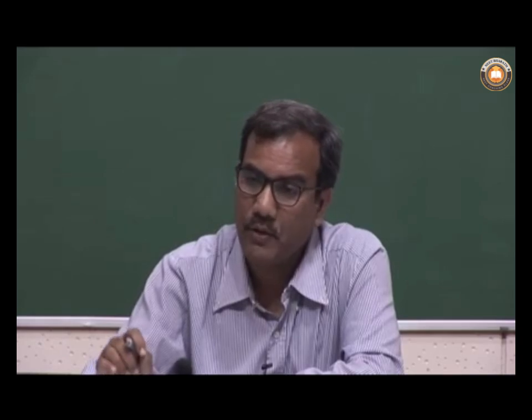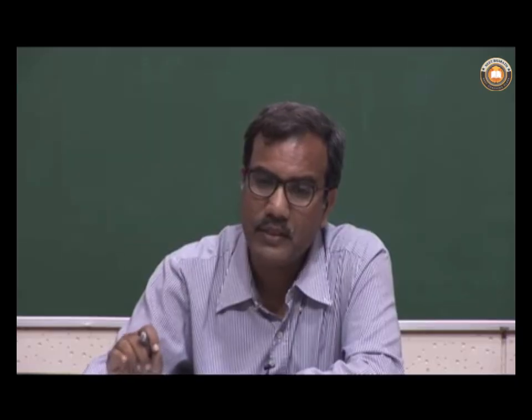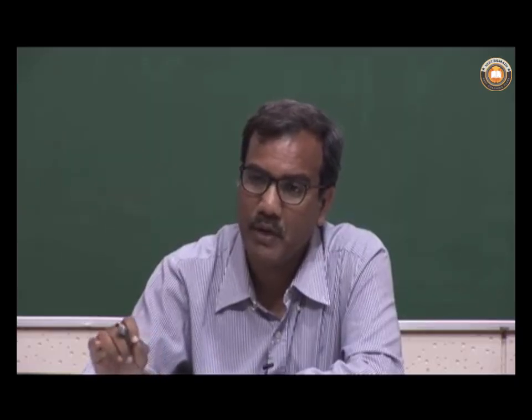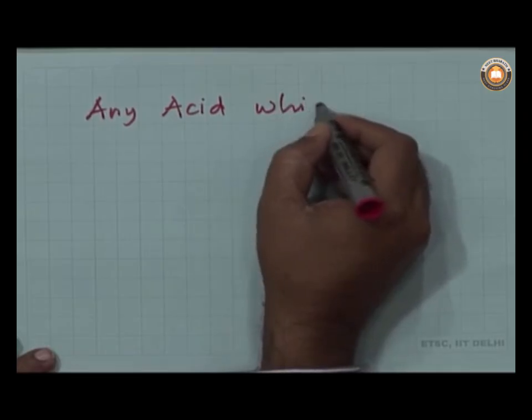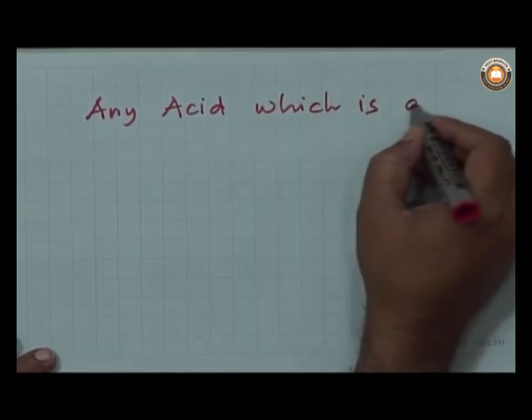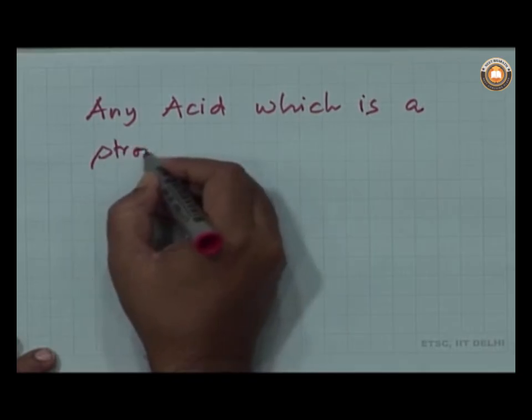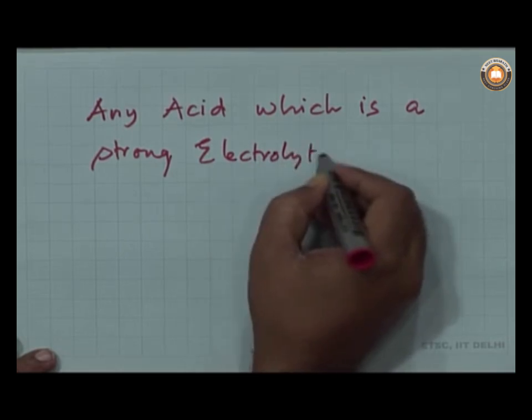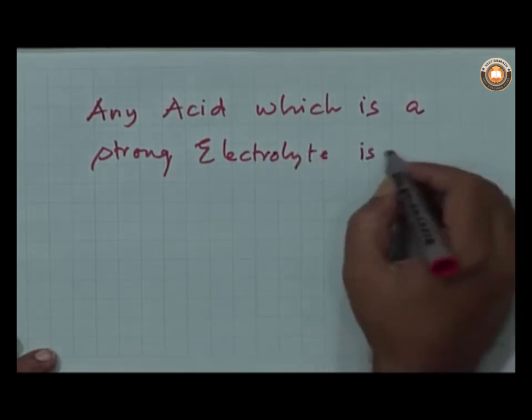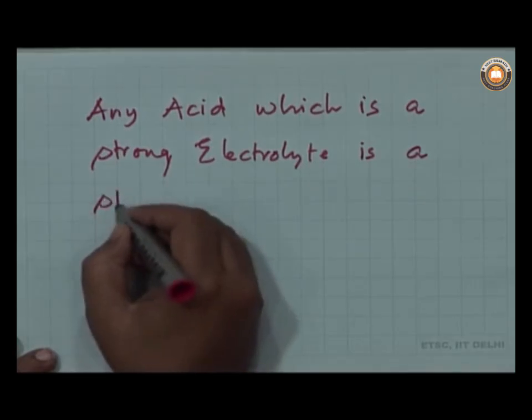I explained to you about a strong electrolyte and weak electrolyte. Similarly, this kind of concept can also be applied for acid and base. So, any acid which is a strong electrolyte is a strong acid.